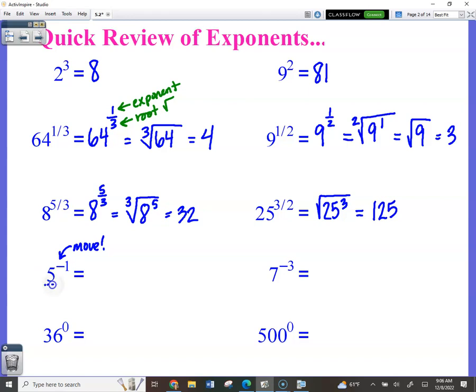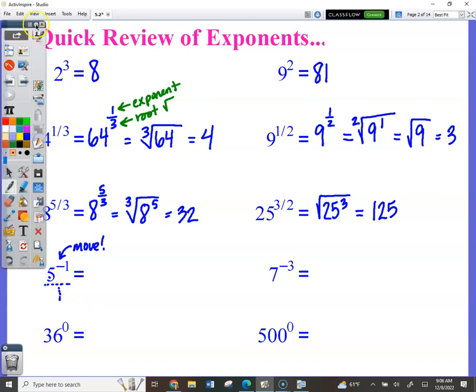Well, it's understood to be over 1, which means it's in the numerator's position, so you're going to move it to the denominator's position. When you move it, you drop the negative. So this 5 to the first power is going to go to the bottom of the fraction, and when I do that, there's nothing left on top. What's understood to be on top, y'all? 1. And then now I'm just going to write that that's 1/5. So you do the next one.